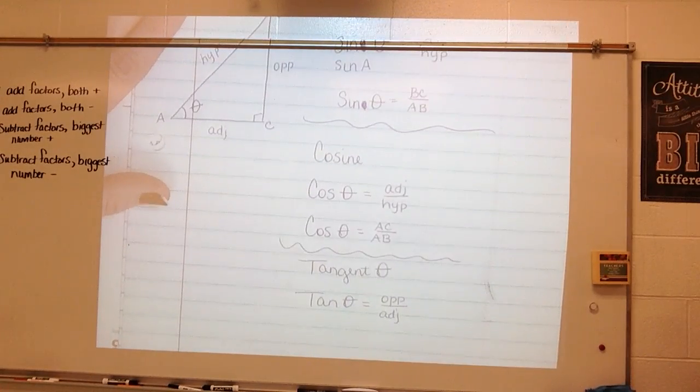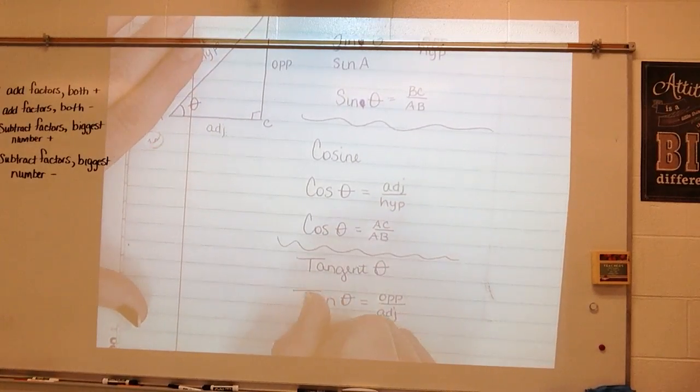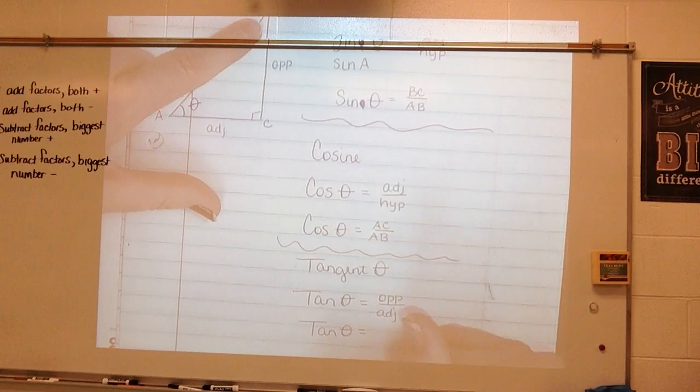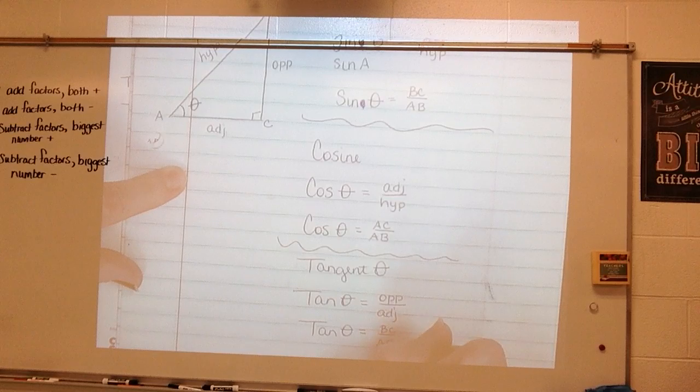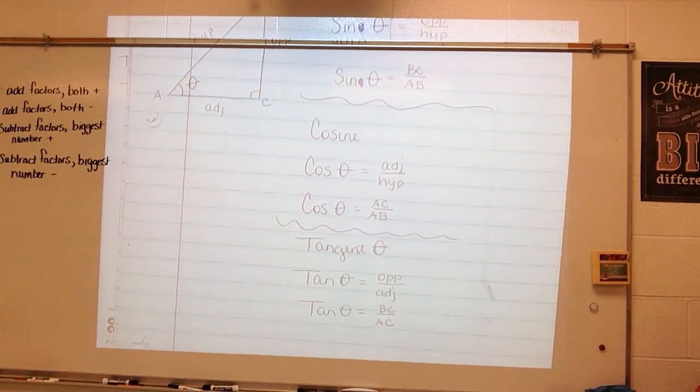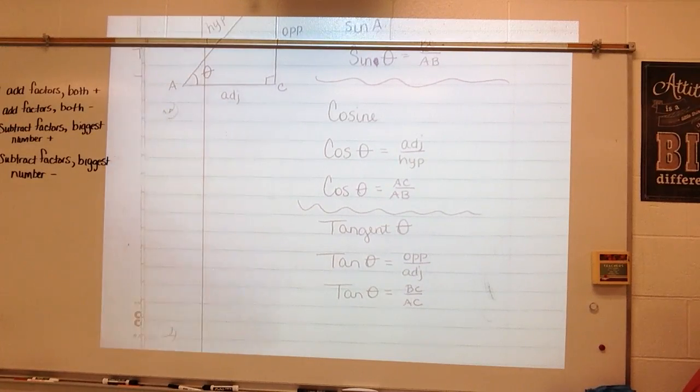So in reference to angle A, the tangent of our angle would be BC over AC. And so we would be able to use whatever measures we have to find the sine, the cosine, and the tangent of those angles.